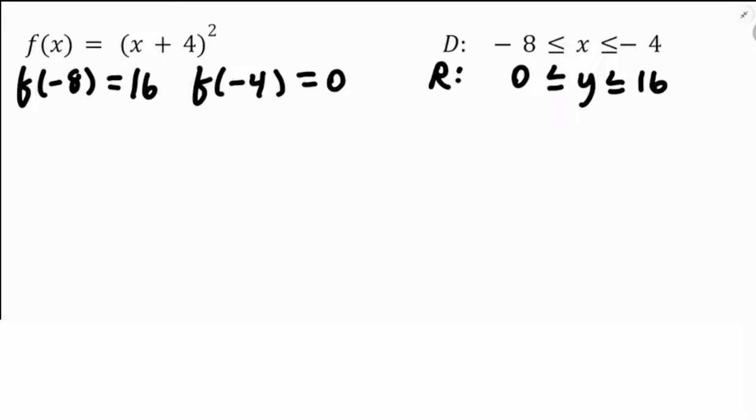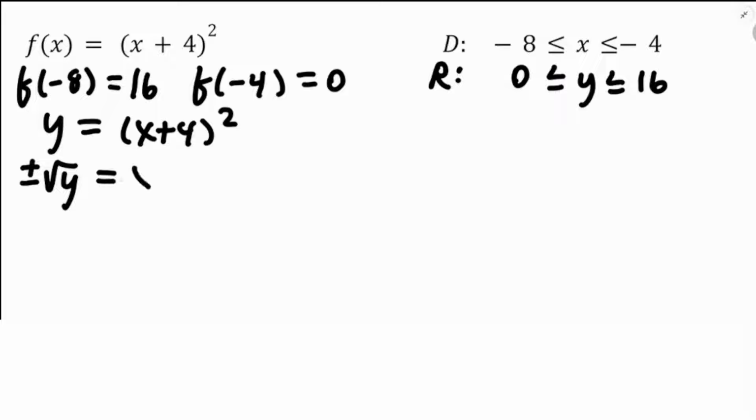Then I'm going to say, all right, solve for the inverse. y equals (x plus 4) squared, plus or minus the square root of y equals x plus 4. x equals -4 plus or minus the square root of y. Now, ask yourself, is it the plus or is it the minus? Look at the domain of the original.